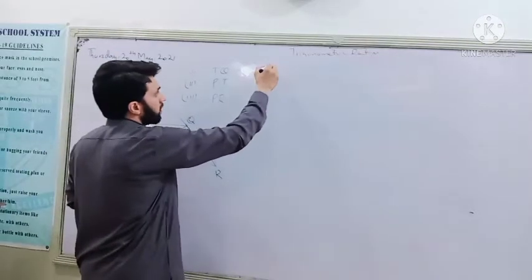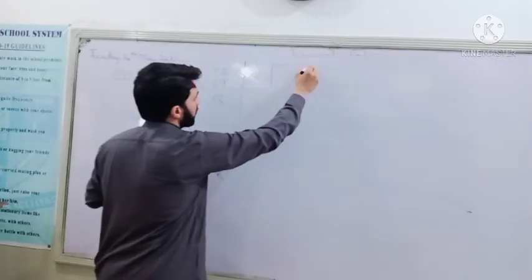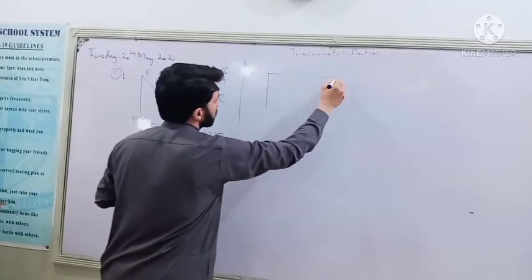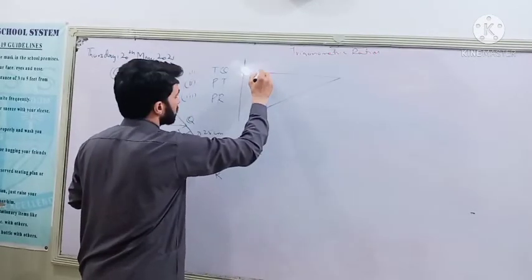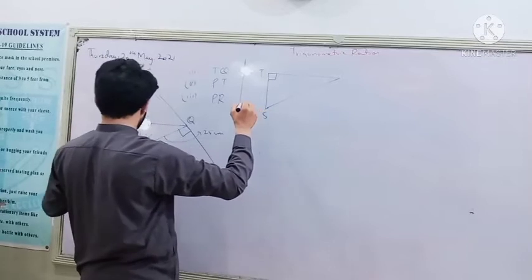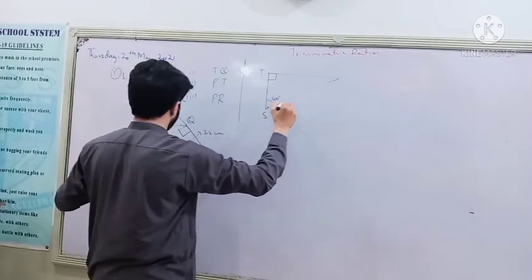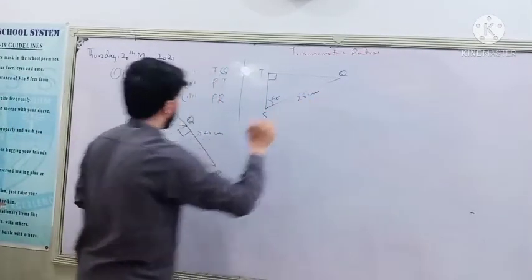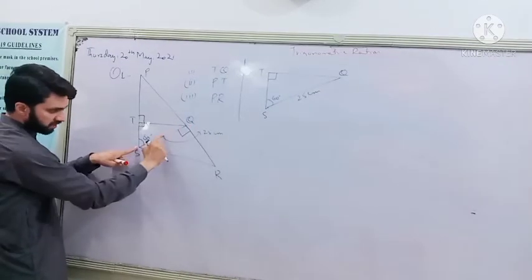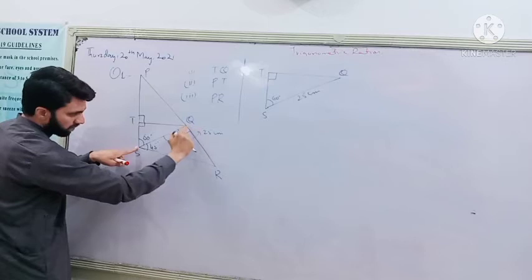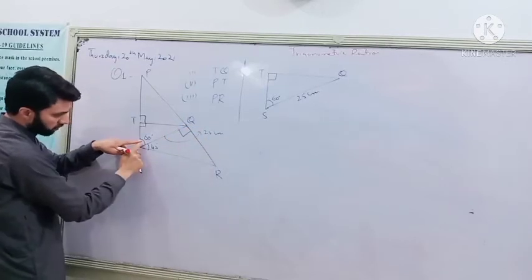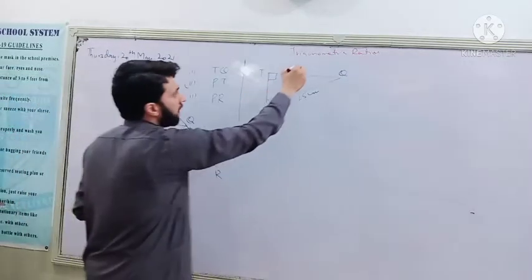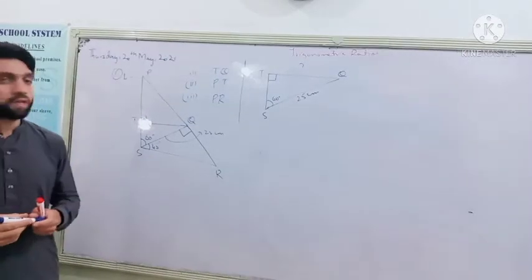So I make the TSQ right angle triangle like this, with T at 90 degrees, and this SQ is 25. You can see this SQ is 25, this is 60 on this S, and 45 on this other triangle. So we have to find this side, TQ.